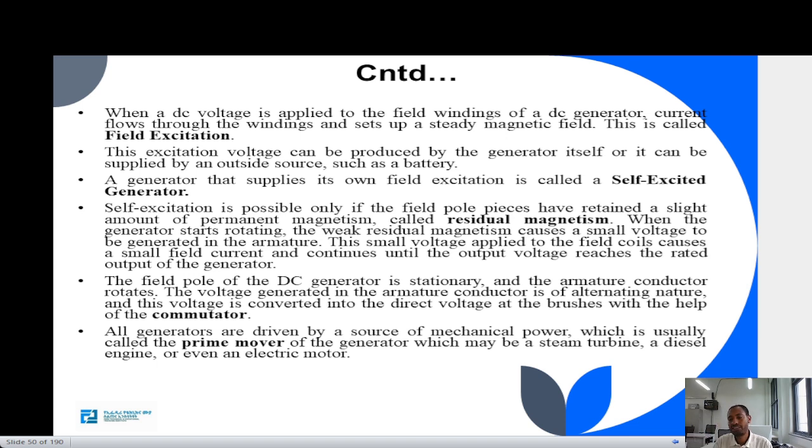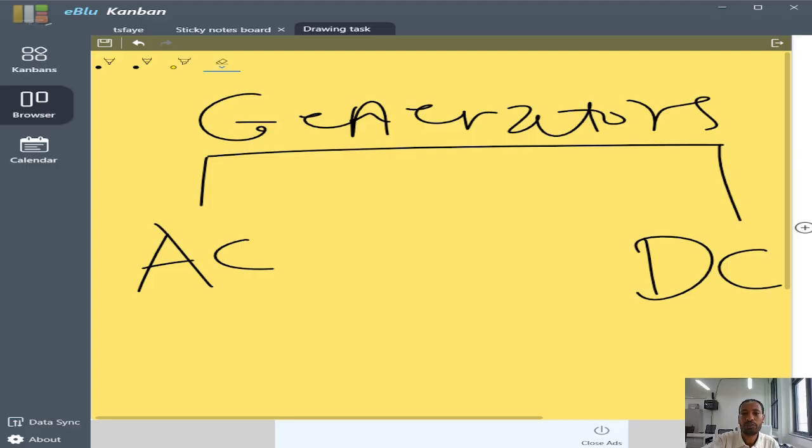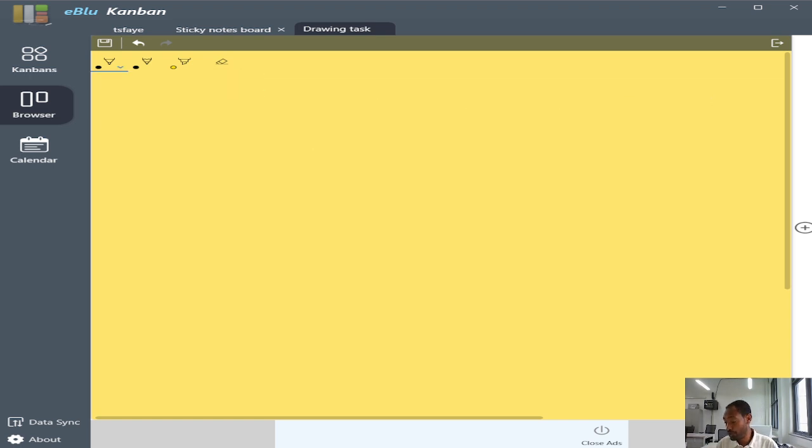By applying this external mechanical force, we are able to move the conductor inside the magnetic field so that the generator can induce the required voltage as per Faraday's law. And the induced voltage depends on these four things. As you may remember, in our last class, we have seen the magnitude of induced voltage.